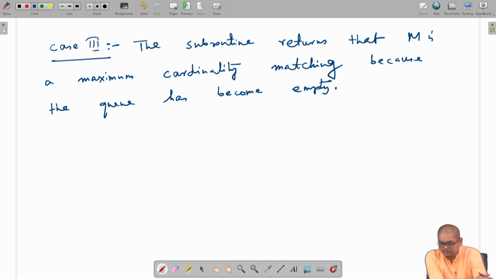So, in this case, let us see how the modified breadth first search forest looks like. It starts with nodes marked even.